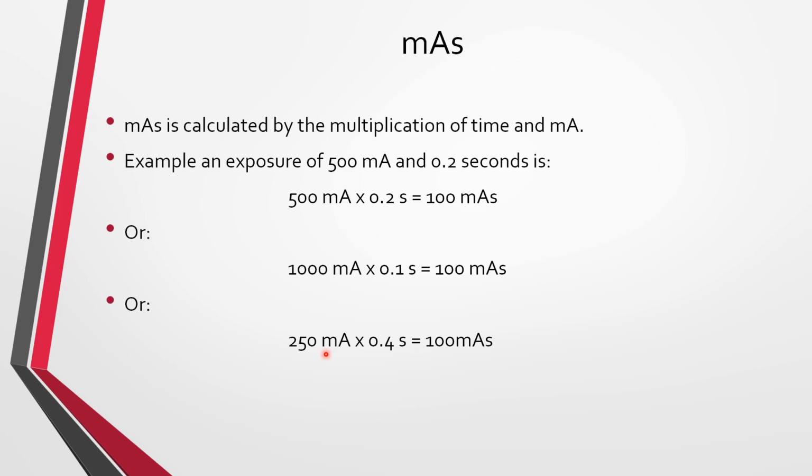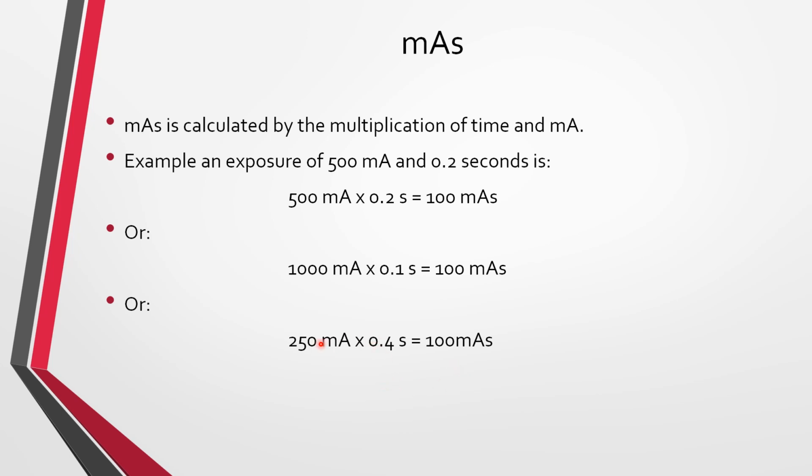But sometimes we might want a longer exposure. A reason you may already know that we may want a longer exposure might be for a breathing technique, for like a T-spine. So for that, if we wanted to use 100 mAs and we wanted 2 seconds for the exposure time, we could divide 100 by 2.